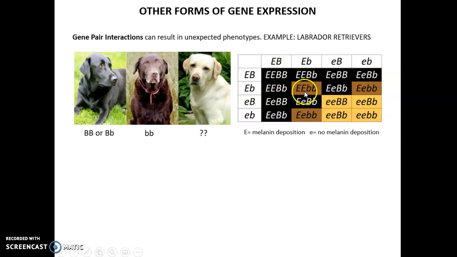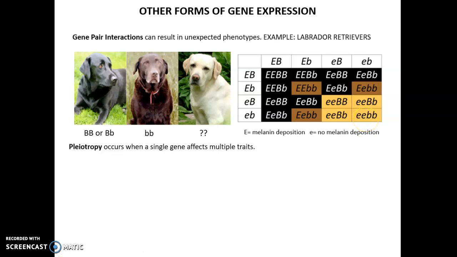If you look at this one right here, there is going to be coloring because we have dominant alleles for E, but it's going to be brown because that's recessive. Now look down here. These are homozygous recessive for E, meaning that no matter what color this other allele is, it doesn't matter because none of that color is ever even going to get into the fur, making it a yellow lab. So that's pretty cool.